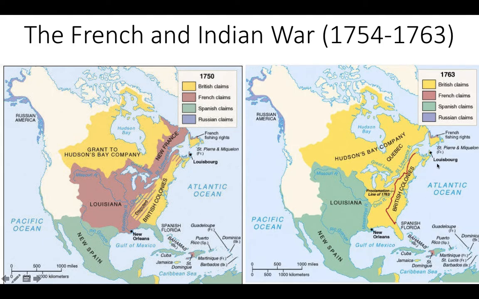And where's France? Yeah, so all that they have left is here, but as far as mainland North America, they are completely gone, right? So what was super significant about the French and Indian War is it removed France from North America. So after this war, 1763, France was basically gone.